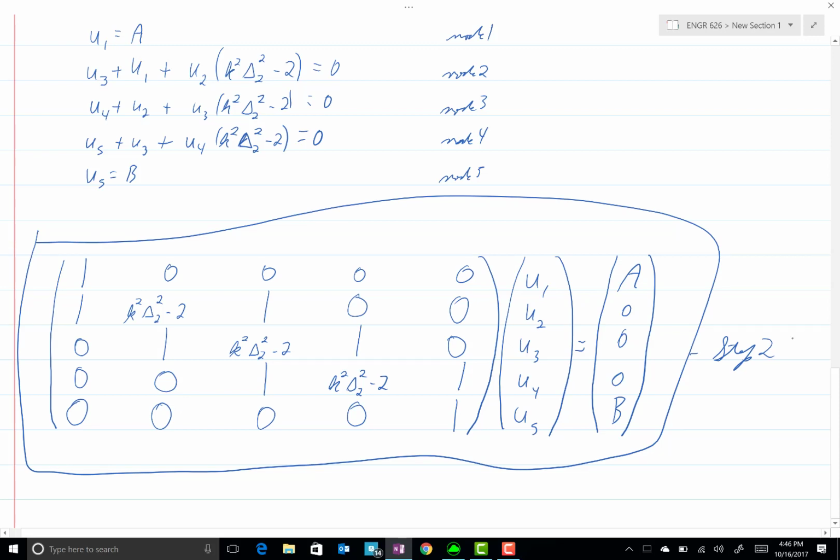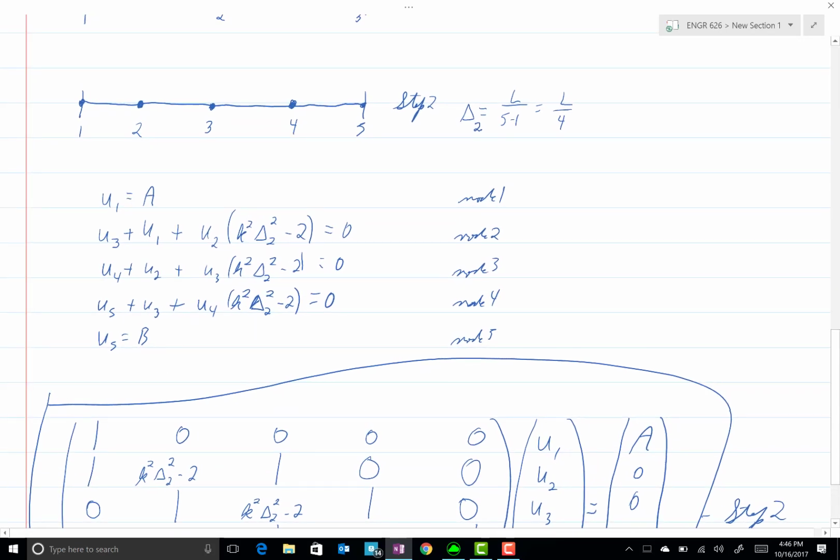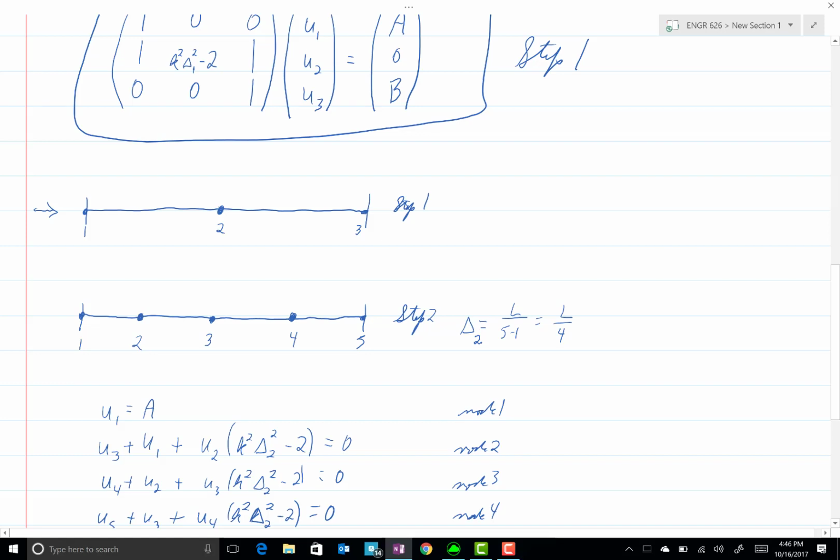And now the crucial point for the Richardson extrapolation, again, we've already mentioned it, but let's just go to it again. We expect, looking here at our meshes for step 1 and step 2, since we have more nodes in step 2, we expect it in general to be more accurate.